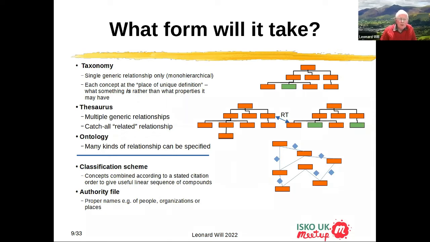I think that we should keep the word taxonomy for its original structure, which is in the biological sense, where we have a single generic relationship only, monohierarchical: one item, like the green box in this top screen, can only be in one place.